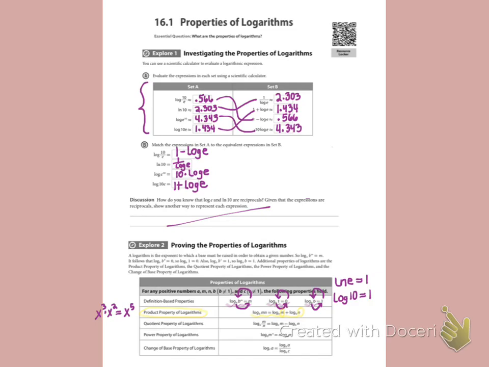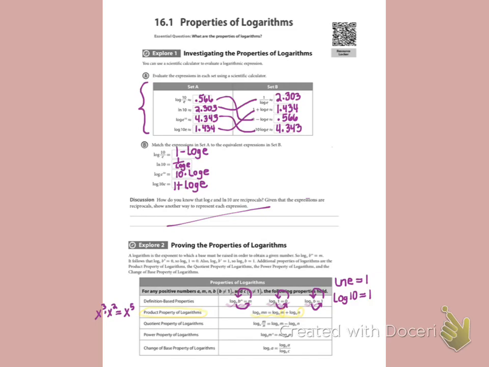So log base b of m plus log base b of n is equal to the log base b of m times n. So in other words, when you're adding logs that have the same base, you multiply them together, which is the reverse of what we just said with the exponent property.